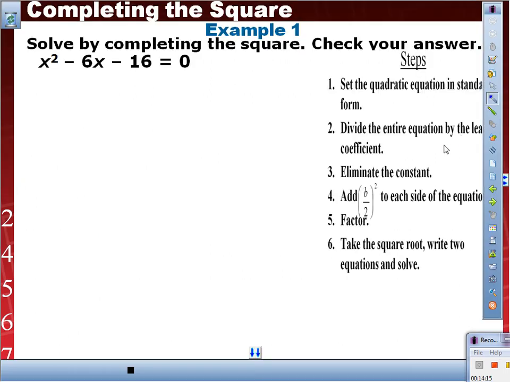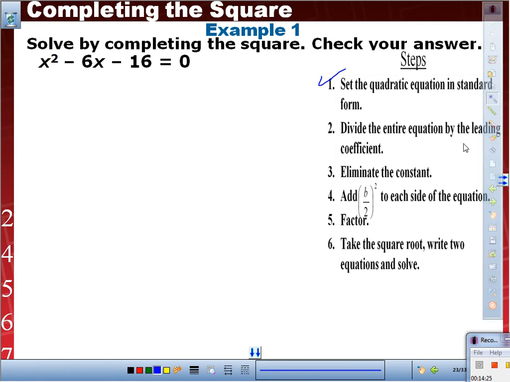Step 1 says, set the quadratic equation in standard form. Look at it. Is it in standard form? Yes. Okay. Check. Step 2, divide the entire equation by the leading coefficient. Since it's in standard form, what is my leading coefficient here? 1. It's the number multiplying the variable, so I need to divide by 1.